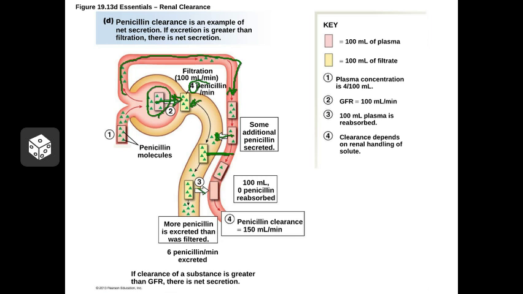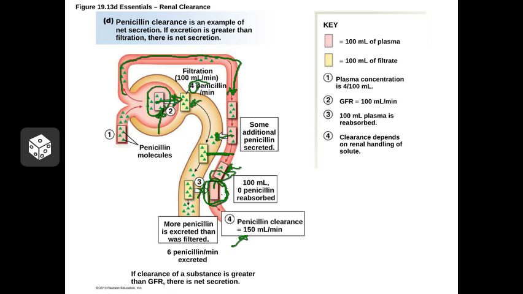There's no reabsorption that we know of, so there is net secretion. Here we have our first 100 milliliter box that's empty. And here we have a second box that is half empty. We can say that the clearance of penicillin is 150 milliliters.